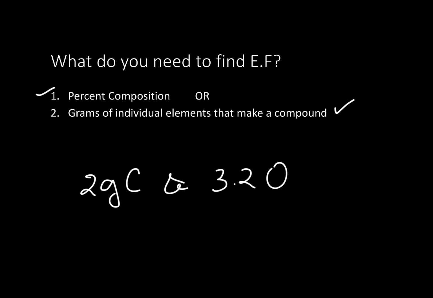They will either give you grams or they will give you percentages. What we're going to do on the next slide is look at the steps you need to find the empirical formula, and it is very important that you follow these steps correctly in the right sequence.